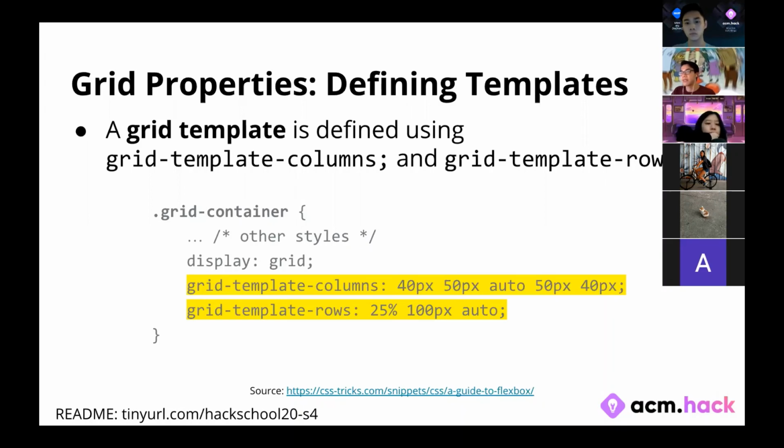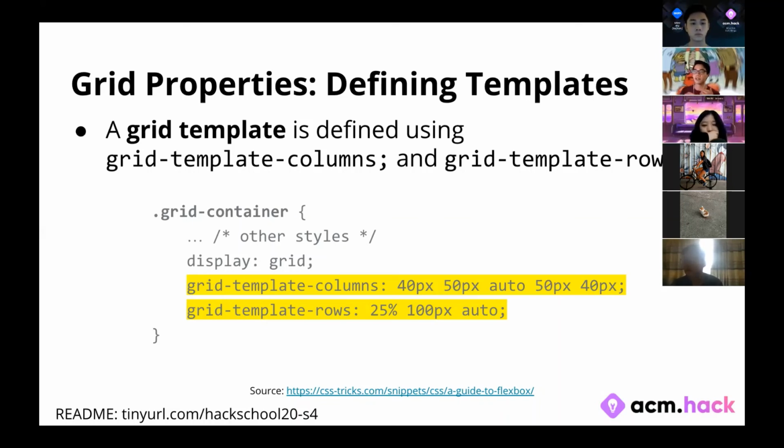In this example, it's 5 columns, and we list out each of the sizes. We want the first column to be 40 pixels, the second column to be 50 pixels. And auto is a special keyword in grid to automatically assign this column the remainder of the space that's left in the container. And then 50 pixels and 40 pixels again. So that defines 5 columns, each with its own length.